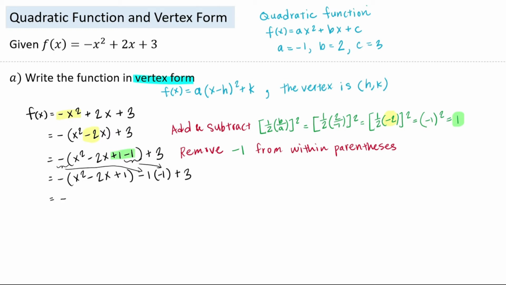It's equal to negative x squared minus 2x plus 1 plus 1 plus 3. We get negative x squared minus 2x plus 1 plus 4. We get negative x minus 1 squared plus 4.